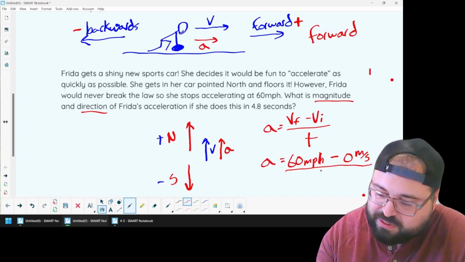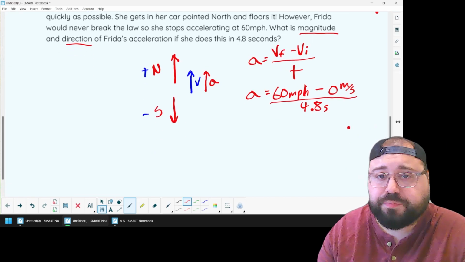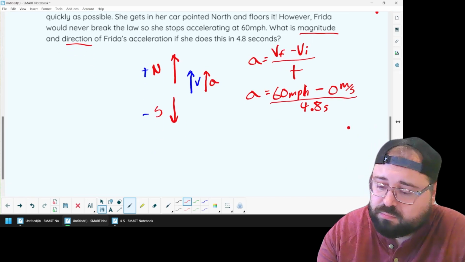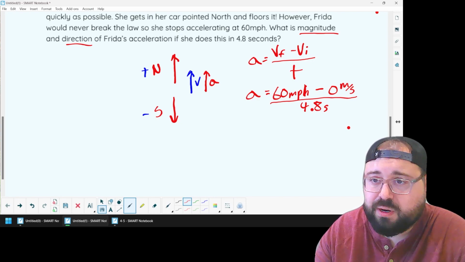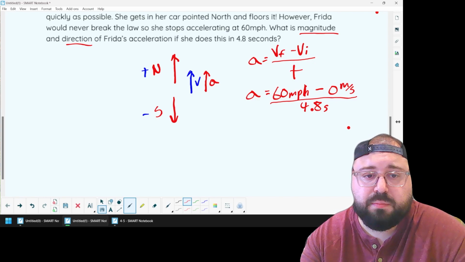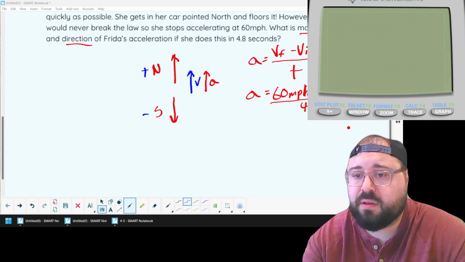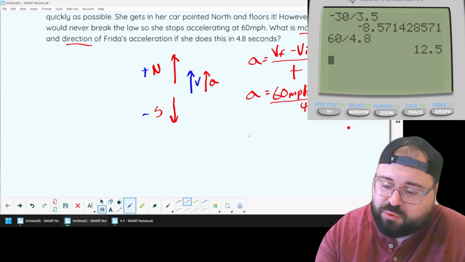And she does all of this in 4.8 seconds. Okay, so now all we've got to do here is plug this into our calculator. So let's bring up our calculator again. Turn it back on. And now we're going to have 60 divided by 4.8. And we're looking at 12.5.